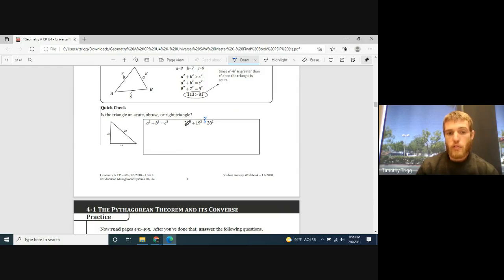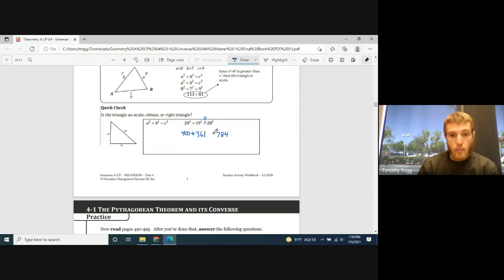Let's find out. So first, 20 squared, well, that's 400. Plus 19 squared, so that's 19 times itself, 361. And then on this side, we have 28 squared. So that's 784.